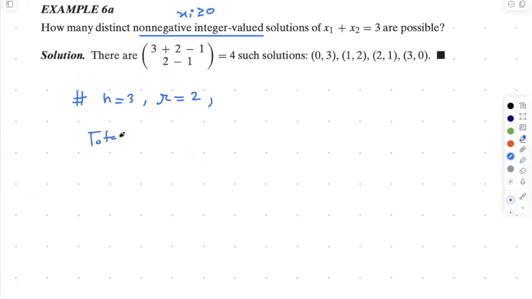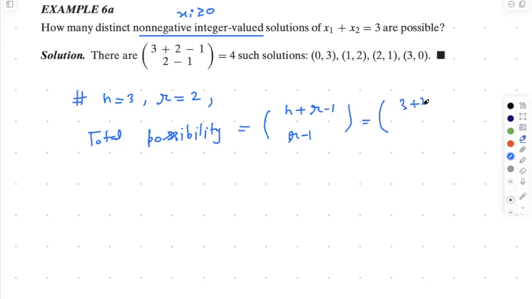So total possibilities are going to be n plus r minus 1 C r minus 1. Substitute the values: 3 plus 2 minus 1, then 2 minus 1. Simplify. It is 5 minus 1, 4, and 2 minus 1, 1. 4C1 is going to be 4 there.